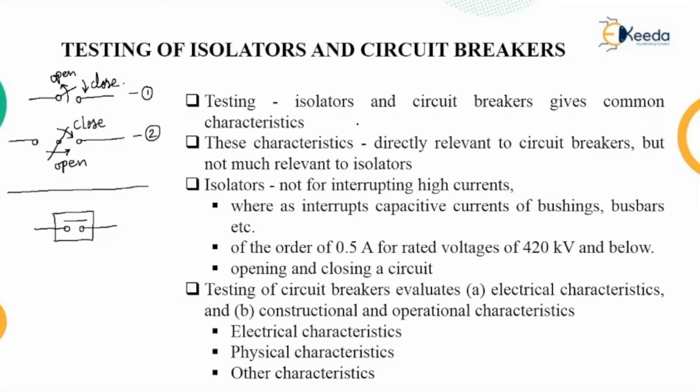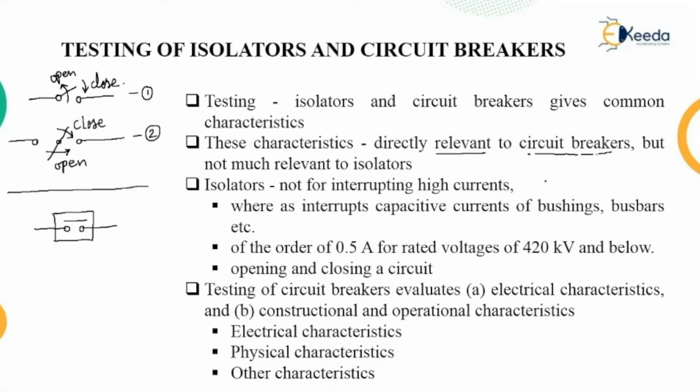both. While these characteristics are not much relevant to the circuit breakers as far as the testing of isolators is concerned, since isolators are not used for interrupting high currents.